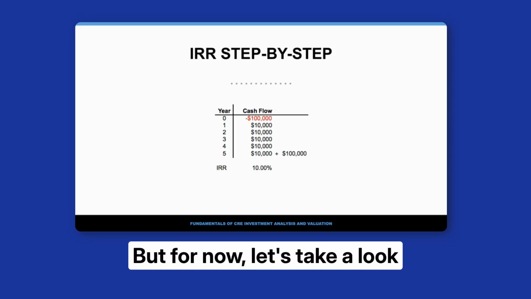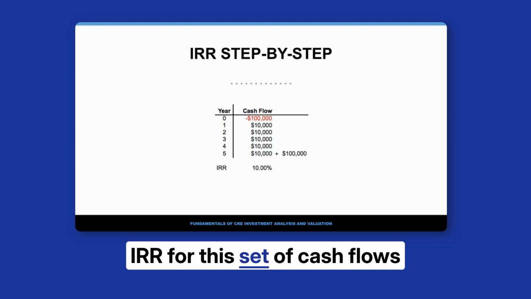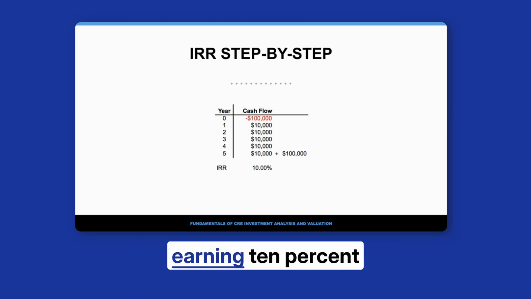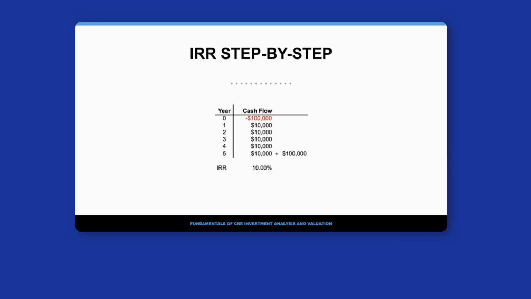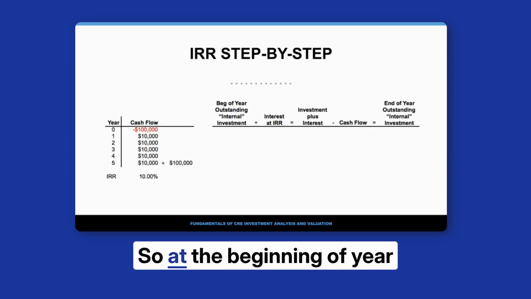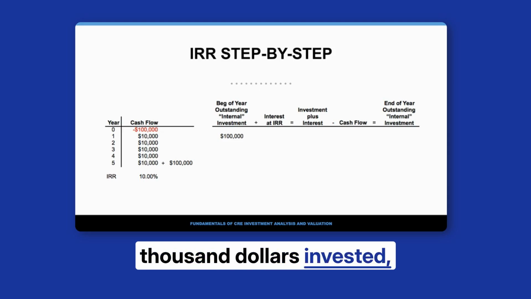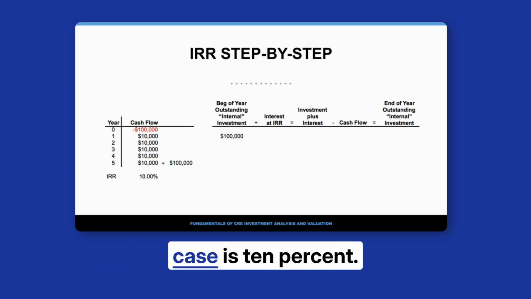But for now, let's take a look at a profile of IRR for this set of cash flows to prove that we are in fact earning 10% for each dollar invested for each period it is invested. So at the beginning of year one, we have our $100,000 invested, and then we earn interest on our $100,000 at the rate of the IRR, which in this case is 10%.